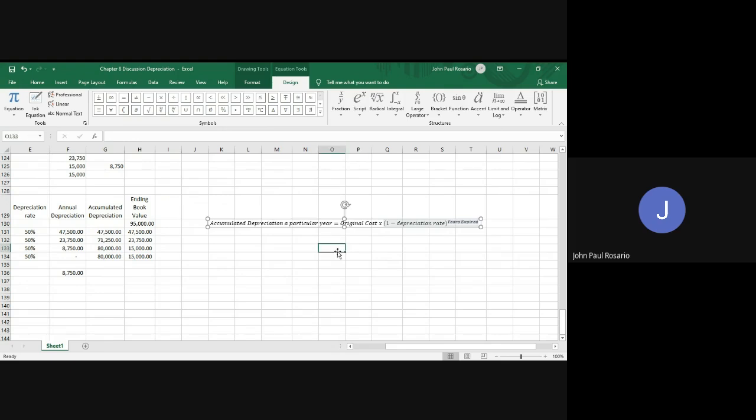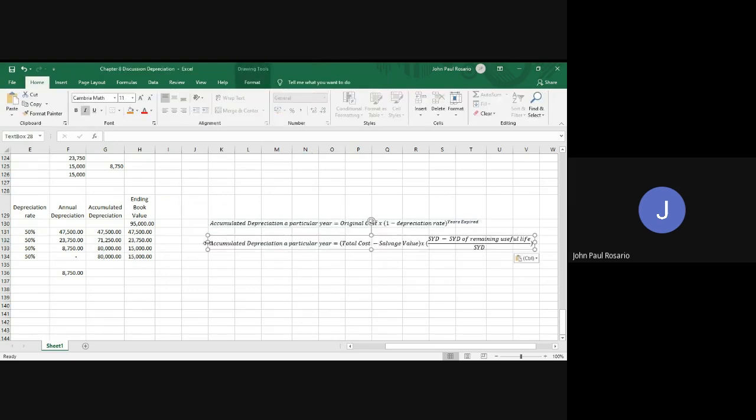Before we go sa accumulated depreciation for the year muna ta. Depreciation for the year. Depreciation of a particular year. Depreciation expense of a particular year. So total cost minus salvage value times. Okay.